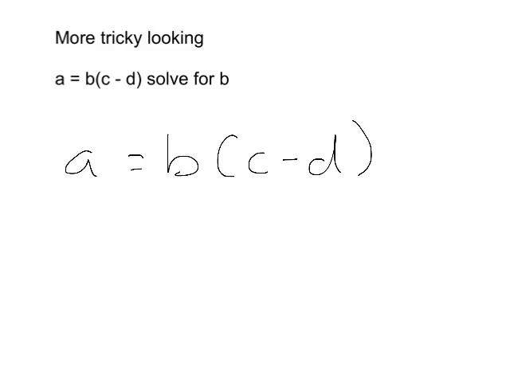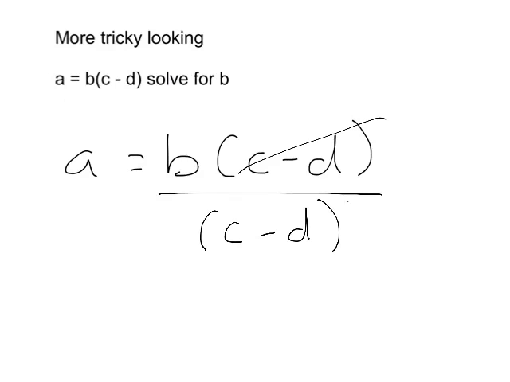And it's b times this quantity, c minus d. So if I want b by itself, just like I could divide out by the quantity of g and m2 in the previous problem, I can divide out by this whole quantity.